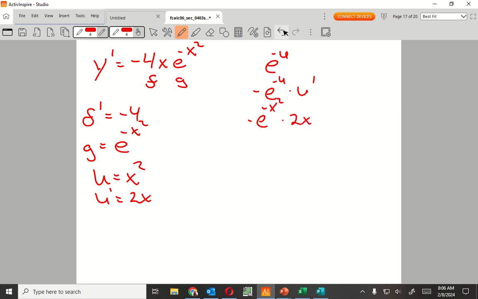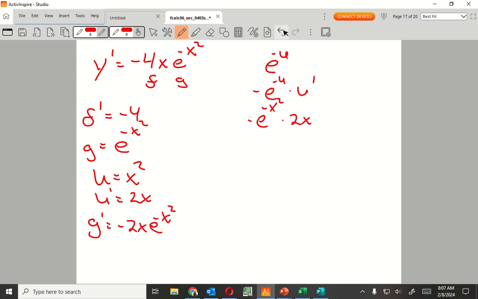So that's going to give me my g prime, a negative 2x e to the negative x squared. Does that make sense, or am I going crazy?